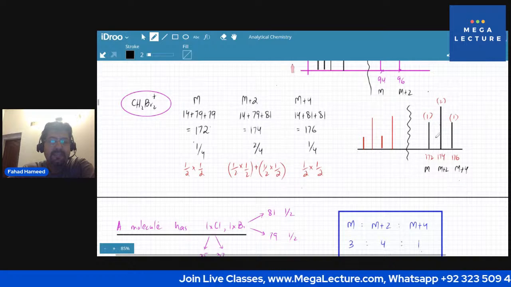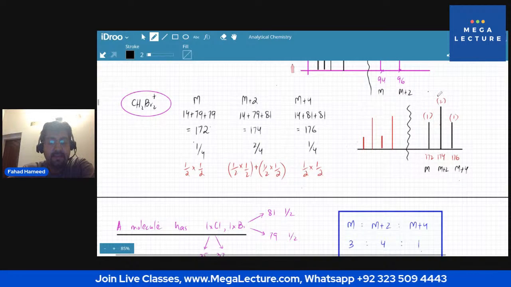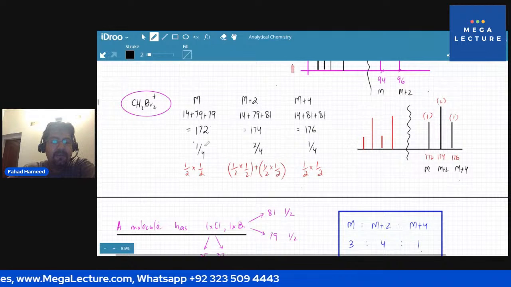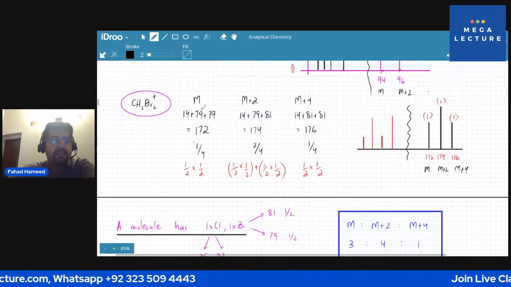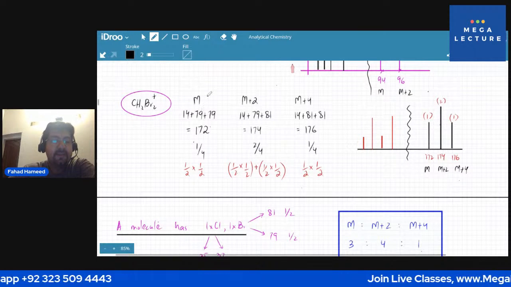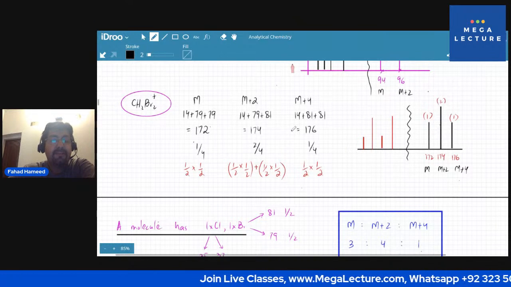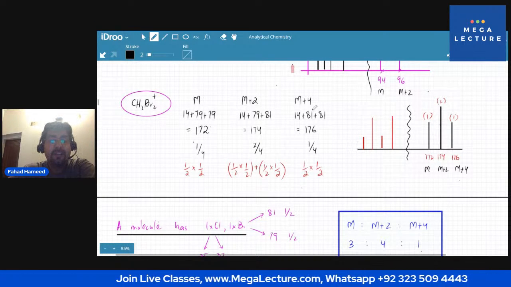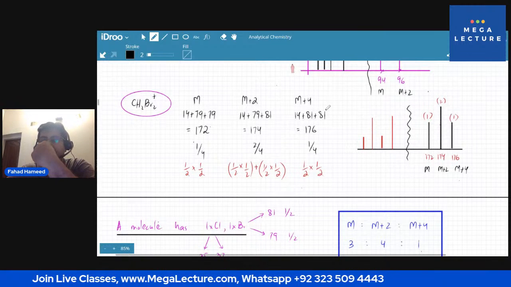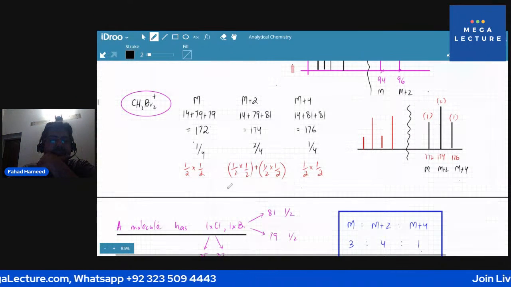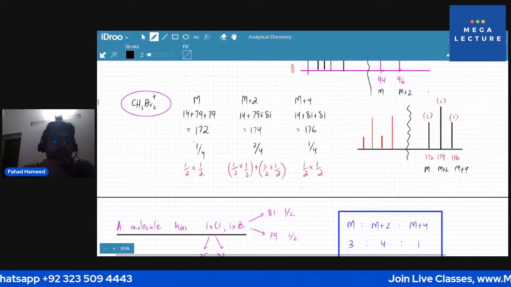So there would be 3 different molecular ions that would be detected with different masses. And the relative probability would be, what's the probability of getting both of them as 79? That's 1 by 2 into 1 by 2. What's the probability of getting both of them as 81? That's 1 by 2 and 1 by 2. What's the probability of getting one of them as 79 and the other one as 81?